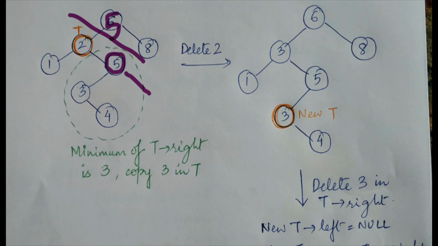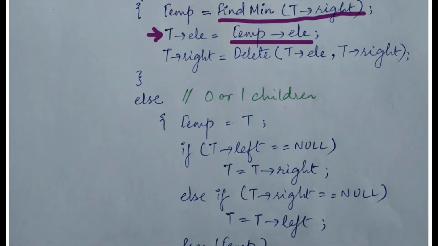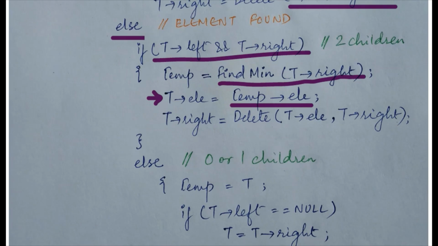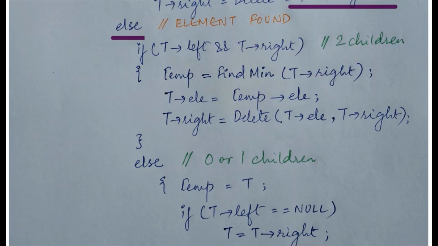This address is what becomes t, and this is what is returned to 2. So 2 will point to 3 and 3 will point to 4. So either find min on the right or find max on the left. Okay, so this is your deletion in a binary search tree.